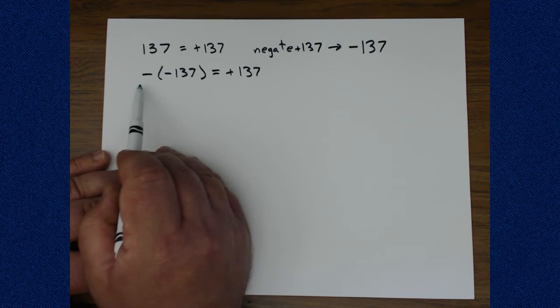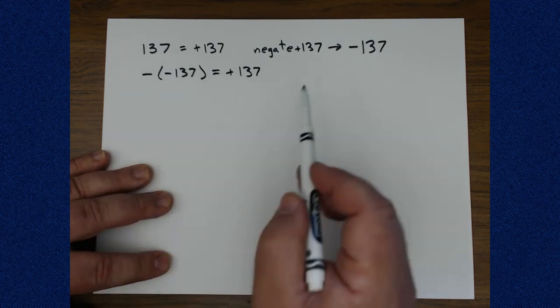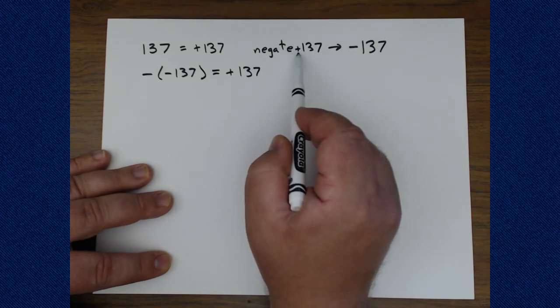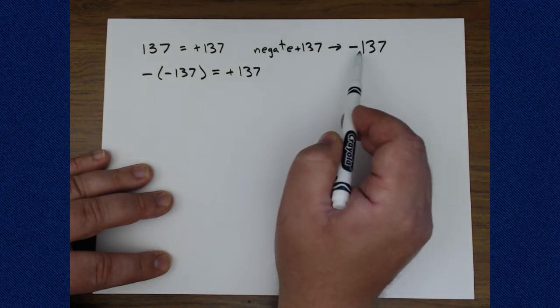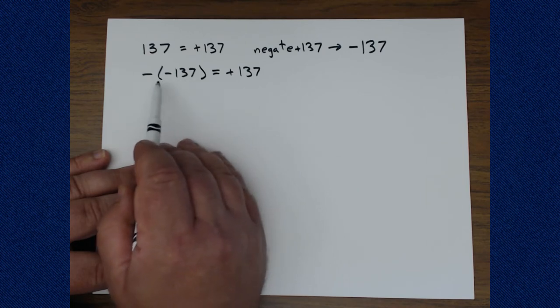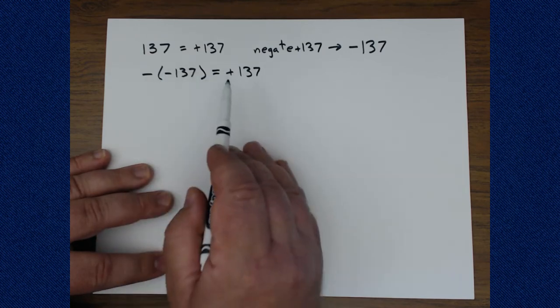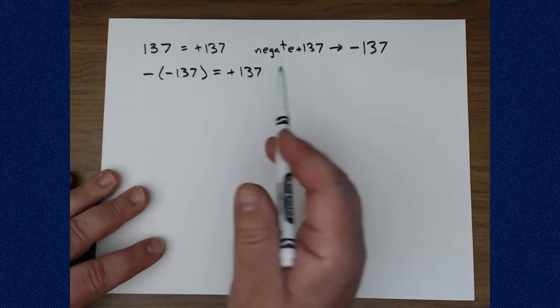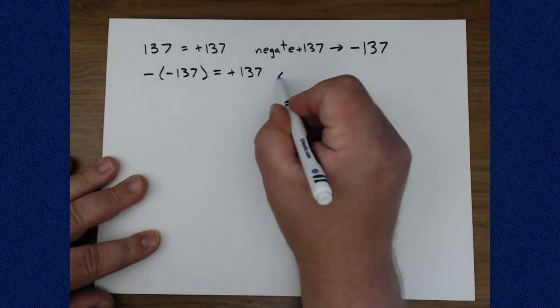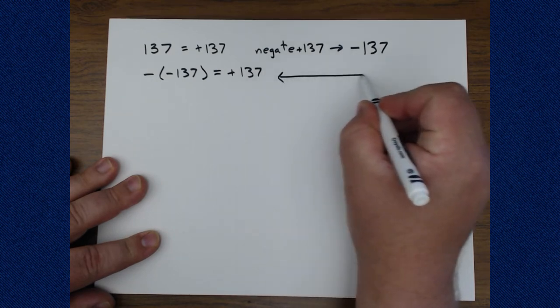But in doing so, we are just flipping the sign. So if we have a positive number and we want to negate it, we'll go from the plus symbol to the minus symbol. If we have a negative number and we want to negate it, we replace the negative symbol with the positive symbol.